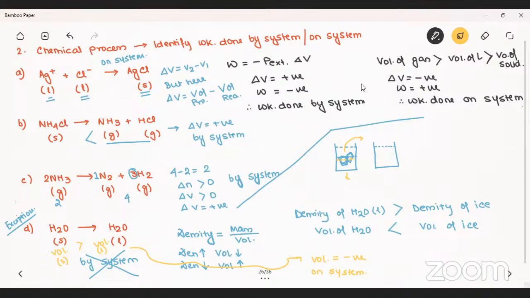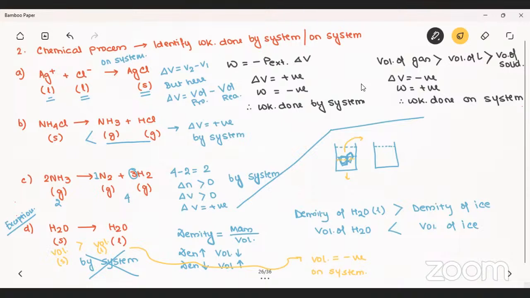Vignesh, ma'am. Okay. Density is mass by volume. So if density increases, volume decreases. From this equation, we can say this. If density increases, volume decreases. If density decreases, volume increases, right? Yes, ma'am.